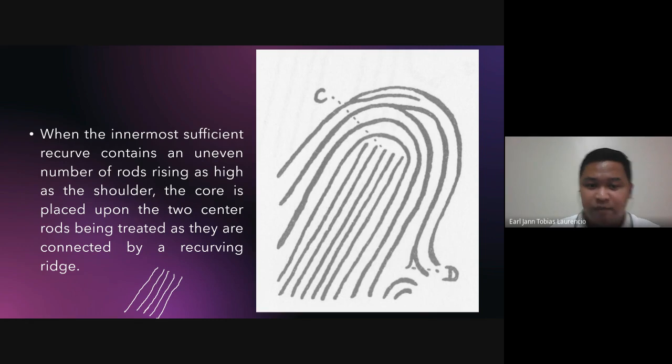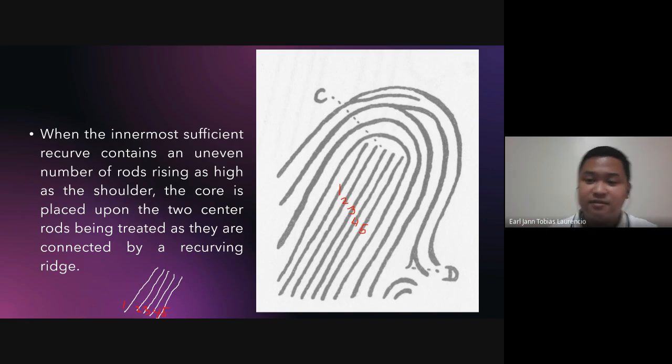The core is placed upon the 2 center rods as if they are connected. So based on this example that I drew, we have rod number 1, number 2, number 3, number 4, and number 5. And the same here in our example. Rod number 1, rod number 2, number 3, number 4, and rod number 5. So the rods are uneven.